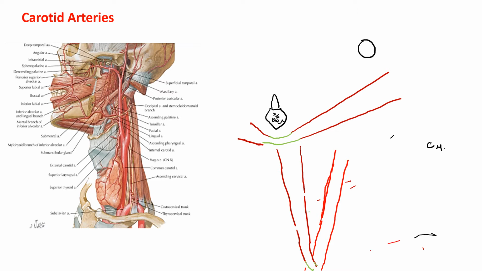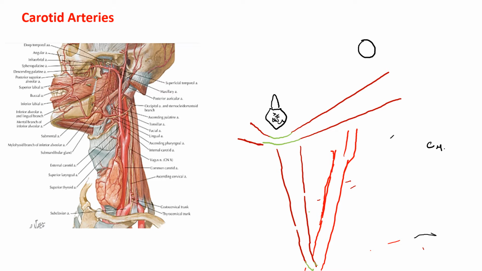Now there is a variability to it, but we'll just take it as C4. They divide into an external carotid and an internal carotid. So it divides after a dilatation, as you can see, into an external carotid and an internal carotid.